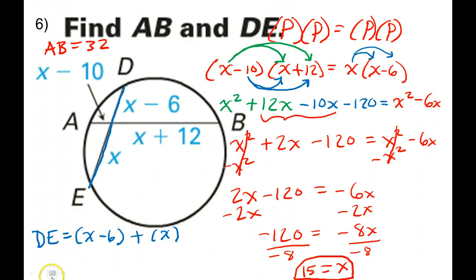So again, x is 15. So let's go ahead and substitute that in. So we will have 15 minus 6 plus 15. So DE is going to be 9 plus 15, which is 24.